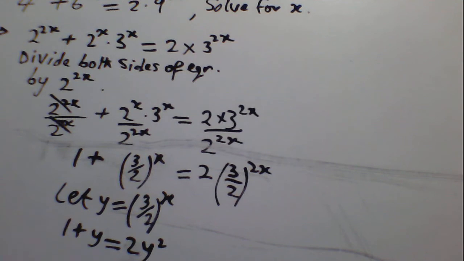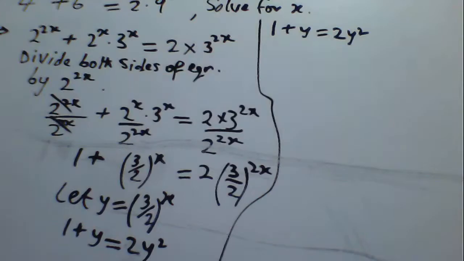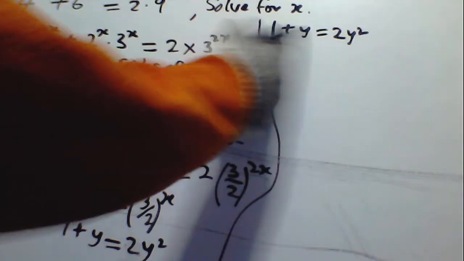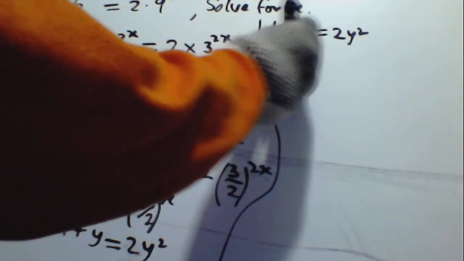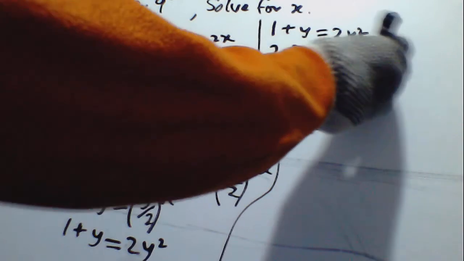I've gotten up to this. Let me bring it up so that we can see it. If you got up to this, we have 1 plus y is equal to 2y squared. So let the left hand side go to the other side: 2y squared minus y minus 1 is equal to 0.